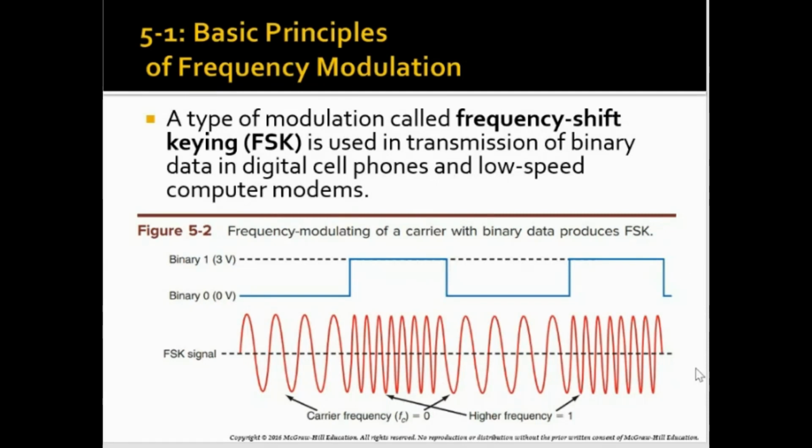We can use this for, of course, more than two levels. Here we have two levels because it is binary. You may have other numbers of levels, for example M-ary, which has more than two levels, maybe four levels. So frequency shift keying can be used for those as well. Then they have four different frequencies, so of course the frequency changes by the level.